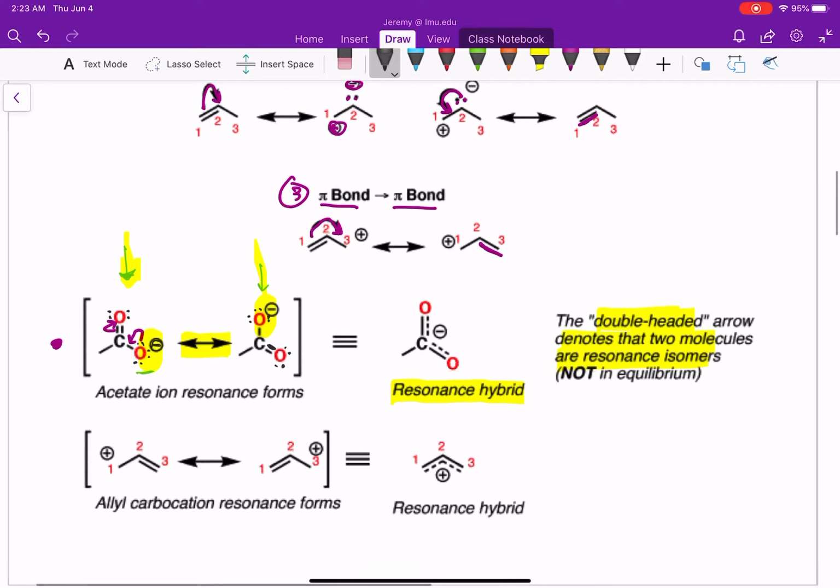Right, what we do is we look at the sigma bonds first. So we know we have a carbon to an O and an O, right? And then what you'll notice here is, let me just clean this up a little bit. We notice in the resonance structure on the left, we have a double bond to the oxygen on the top, and in the resonance structure on the right, we have a double bond to the oxygen on the right.